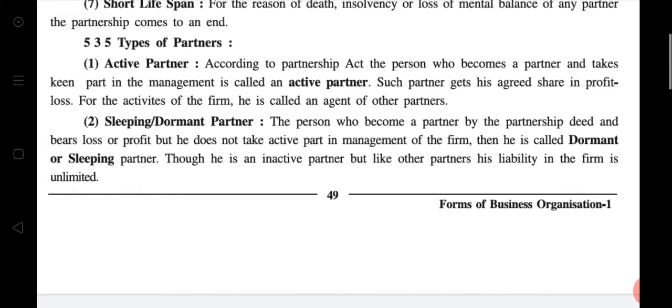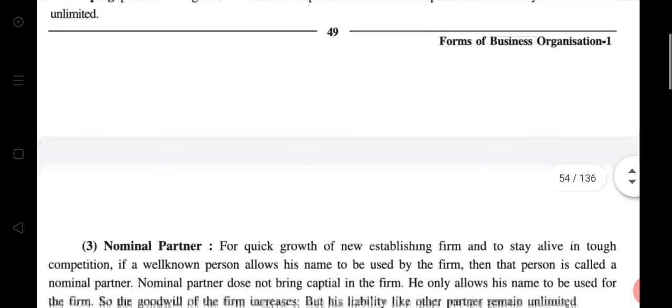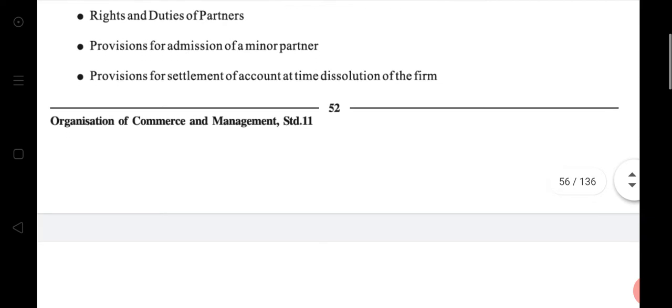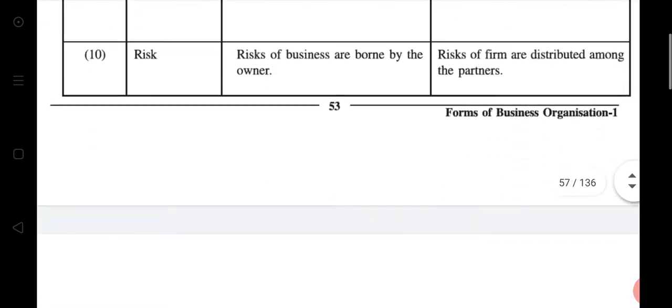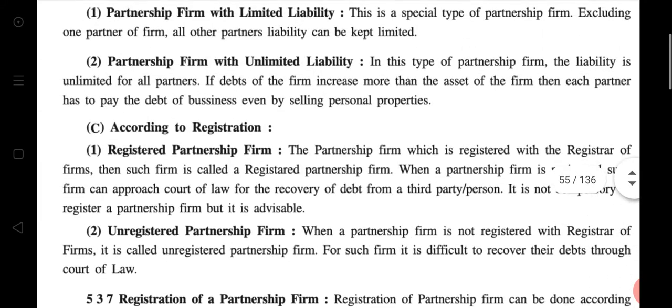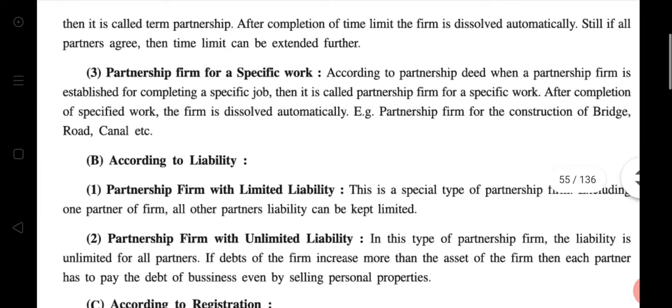See students, chapter number 5 is a big chapter because it is the fifth lecture of chapter 5, and topics are still remaining, so at least 3 to 4 more lectures are required to complete this chapter.